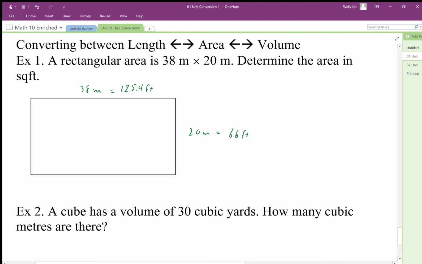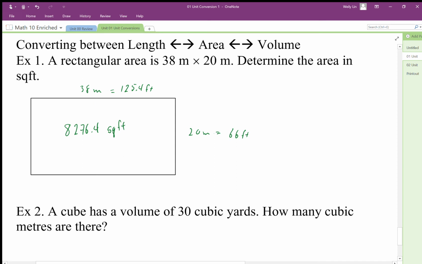Okay, and then using those two values, using the feet value, I'm going to multiply feet times feet to give me square feet. So I multiply those together, and I end up with 8,276.4 square feet.